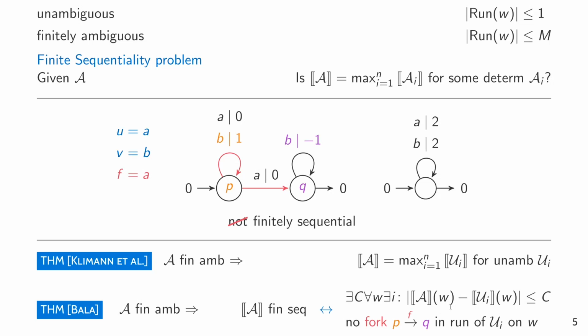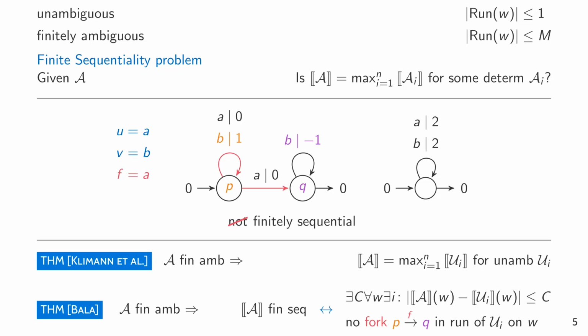I want to point out that this decomposition into unambiguous automata is not unique, but it does not matter which decomposition we choose. For the remainder of this talk, we want to consider this theorem, but for tree automata.